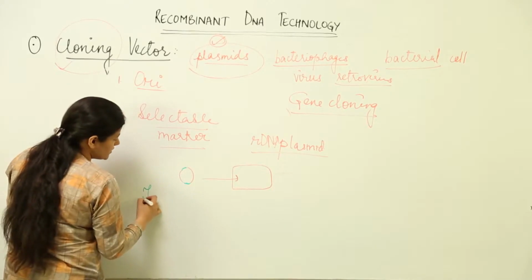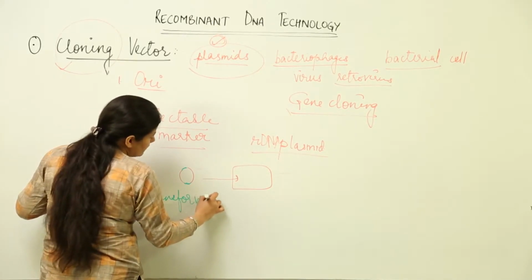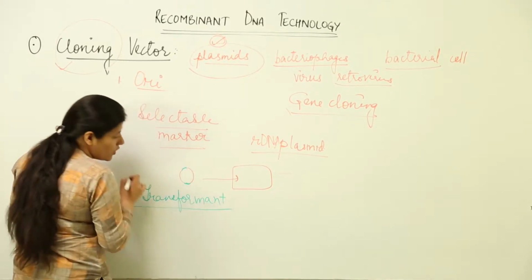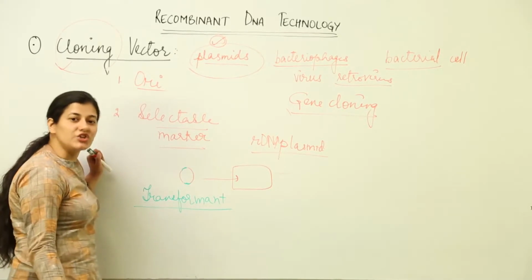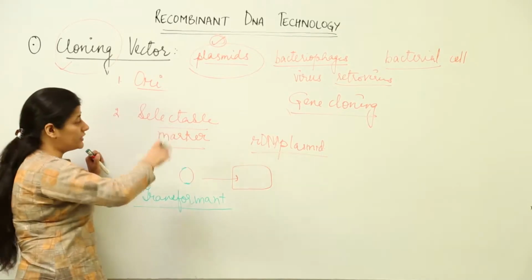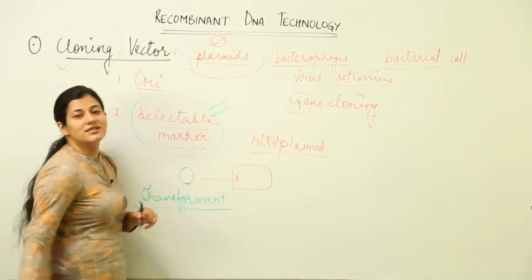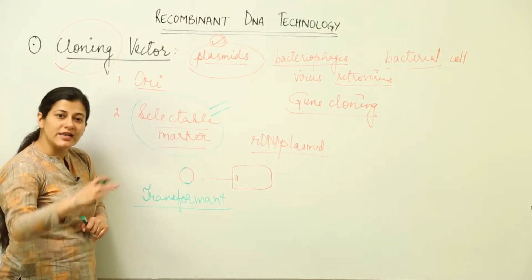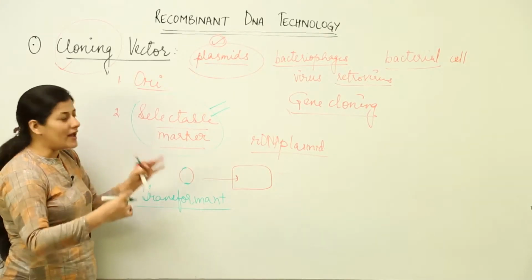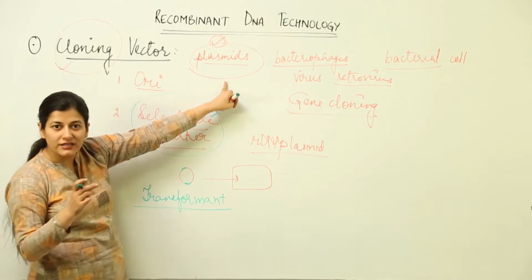Now, what is a transformant? Transformant is the host cell which has recombinant DNA in it. So, whether the cell is a transformant or a non-transformant can be made out if the vector is given a selectable marker. Now, selectable marker is nothing but an activity that is shown once the vector, that is the plasmid, is given the desired gene.